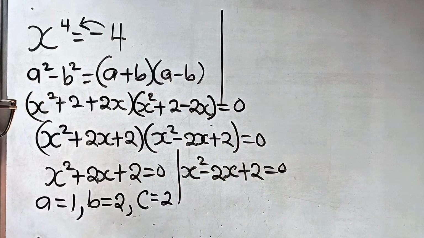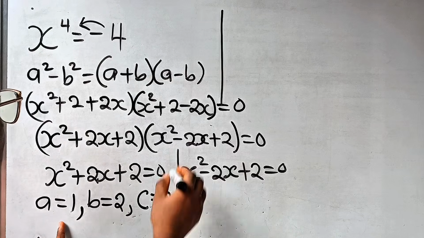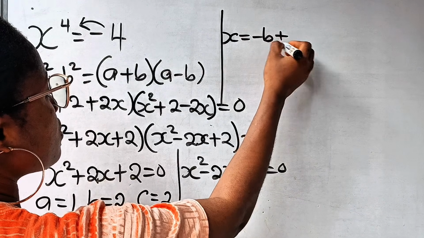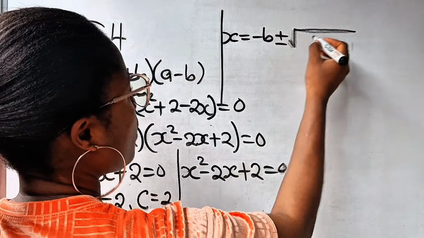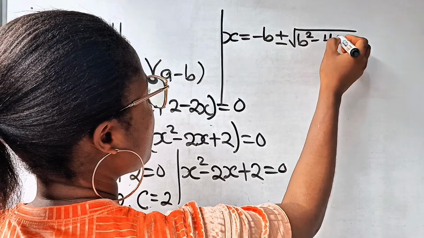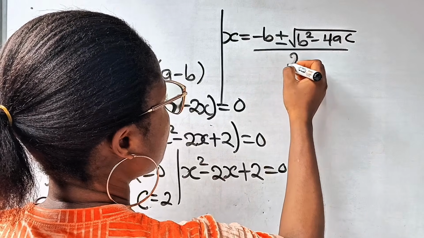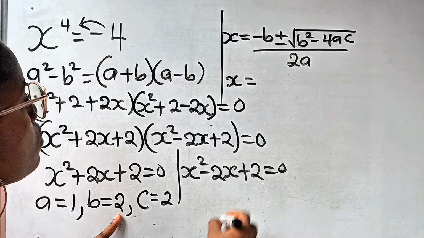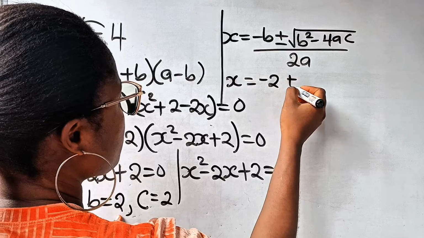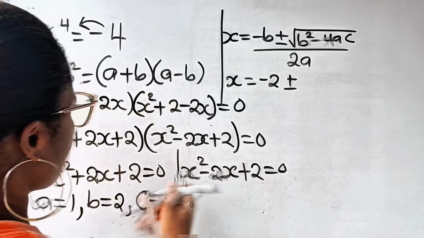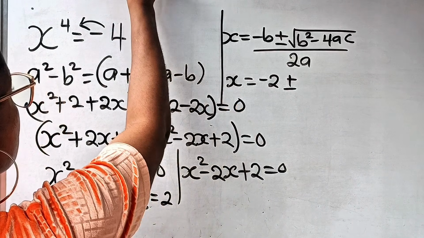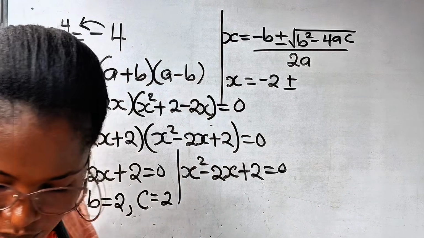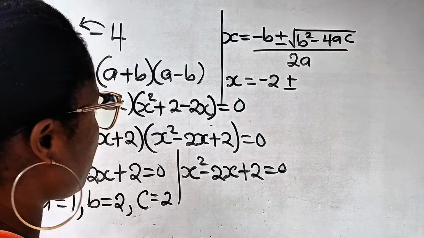So using the quadratic formula that states that x is equal to minus b plus or minus the square root of b squared minus 4ac all over 2a, we'll write x to be minus 2 plus or minus. I'm going to write x squared minus 2x plus 2 equals 0 here so I can clean this, because I'll still solve that separately.